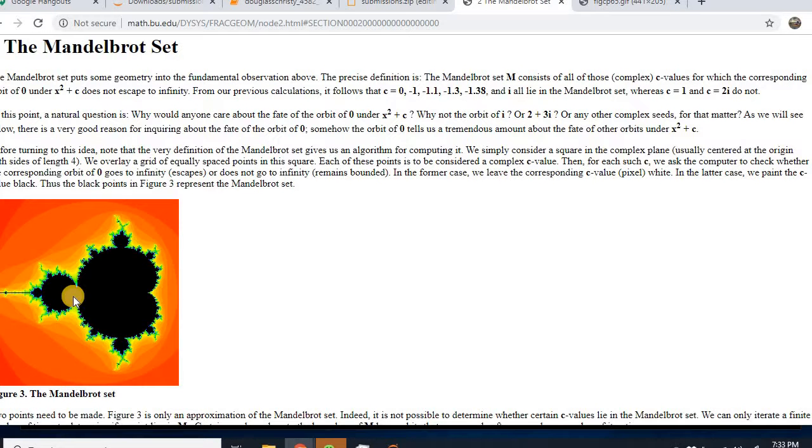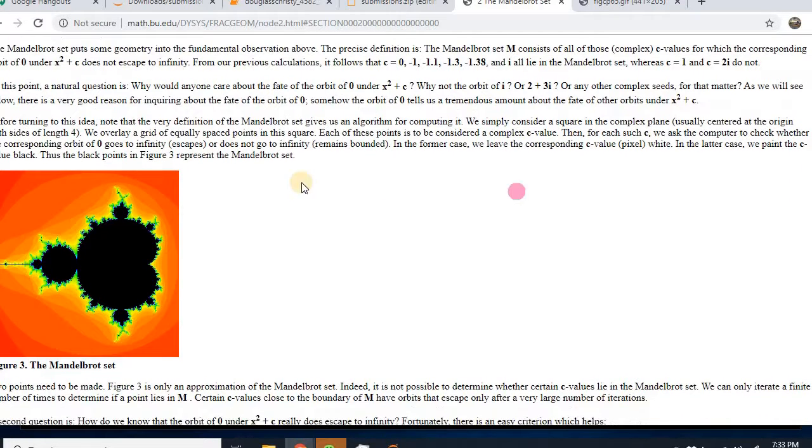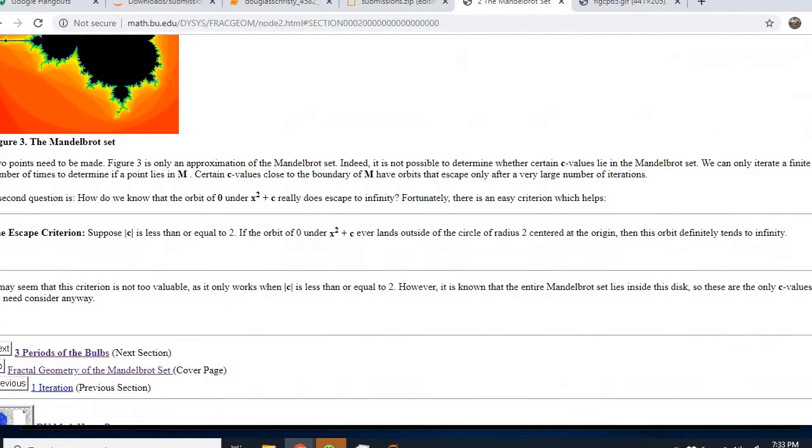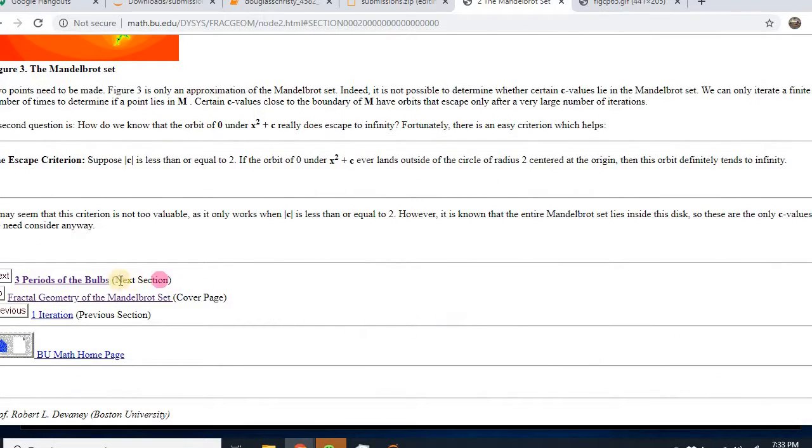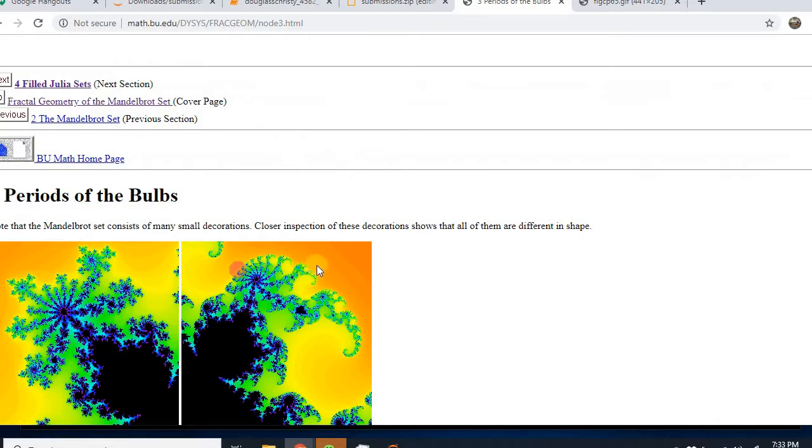So you know all about the Mandelbrot set, and we've talked about this, and you know that all of these color areas are not in the Mandelbrot set, and the more red it is, the faster it goes away. All right, so let's go to periods of the bulb. So this is where we talk about the periods. Here he talks about decorations. These are the little things hanging off the main bulb. And if you zoom in, you see these things.